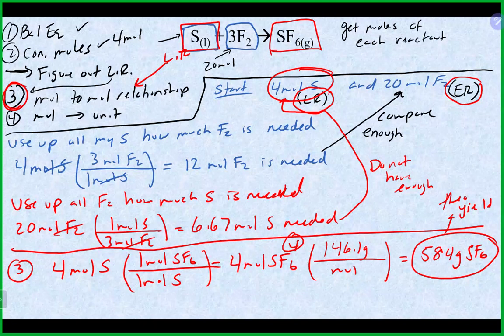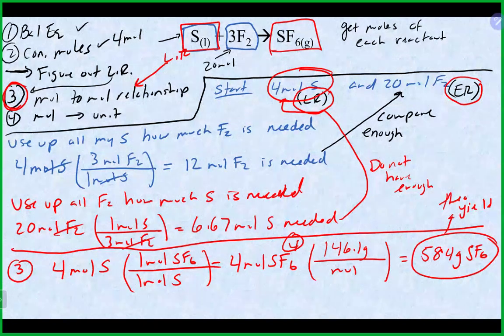Now, this is one method. A more common method of doing these problems these days is you actually just do 2 separate calculations. So for example, here I would start with the sulfur and do a stoichiometry calculation to the product and figure out how many grams of product it would produce. I would then do a separate calculation with the fluorine starting amount and figure out how much product it would produce.